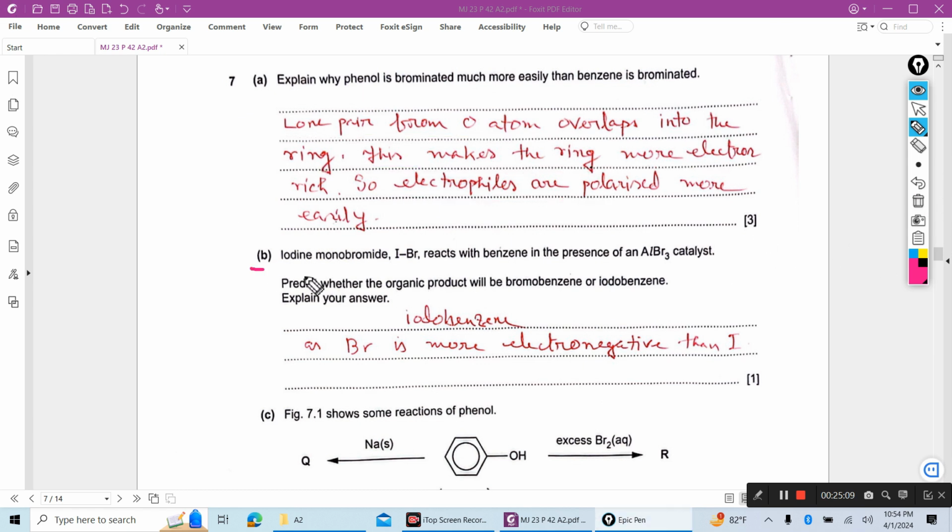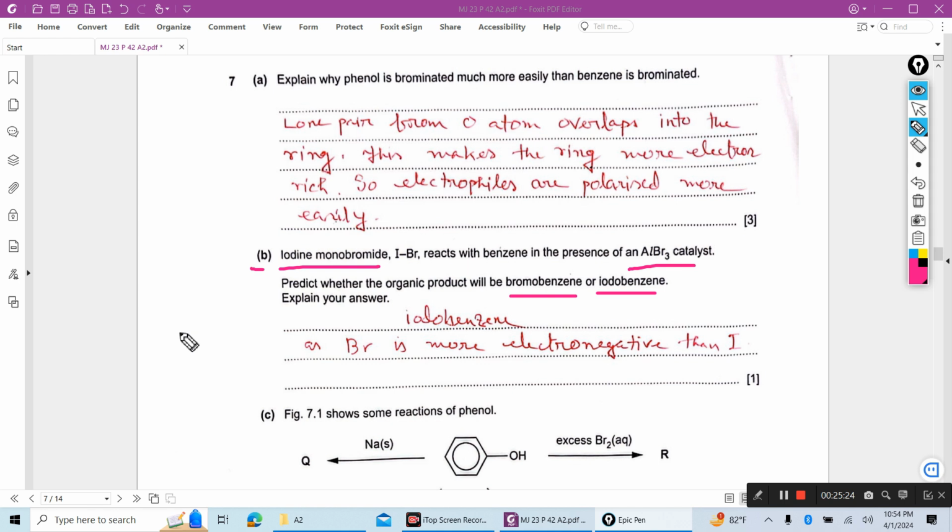Number b, iodine monobromide, IBr, reacts with benzene in the presence of aluminum bromide catalyst. Predict whether the organic product will be bromobenzene or iodobenzene.